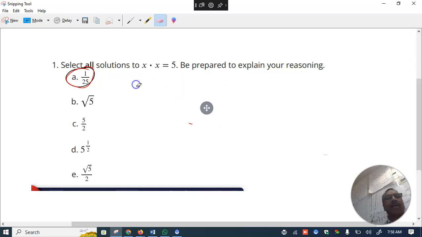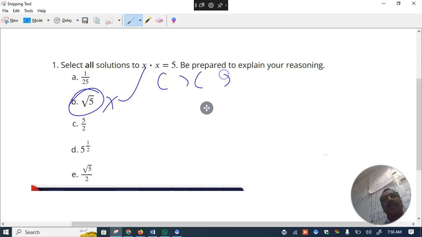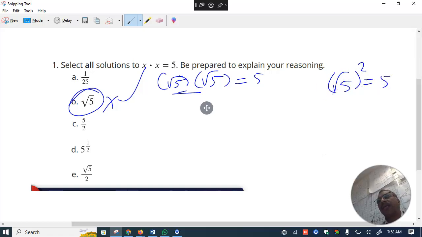What about the second one? Is the second one right? Okay, let's put this as x. So if I put square root of 5 times square root of 5, do you agree? Yes, correct? Because when you have square root of 5, the whole square is 5. And why? What is the reason?